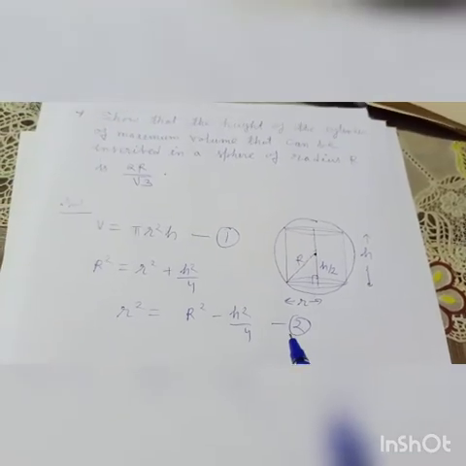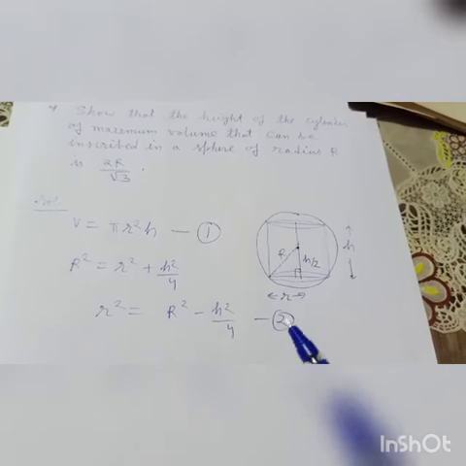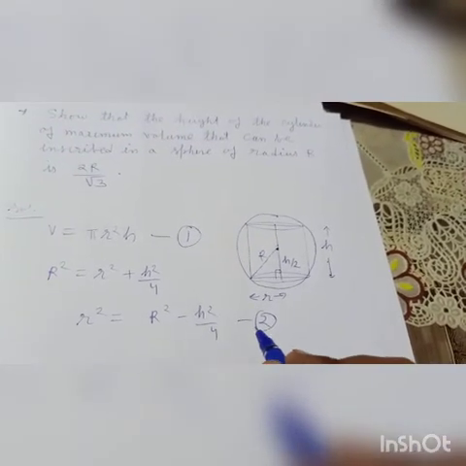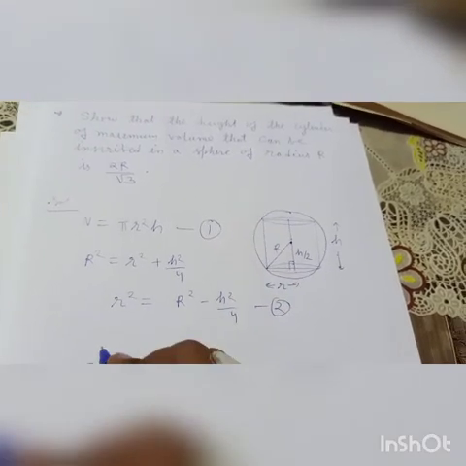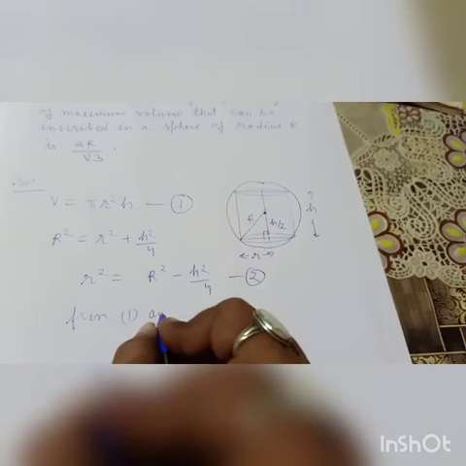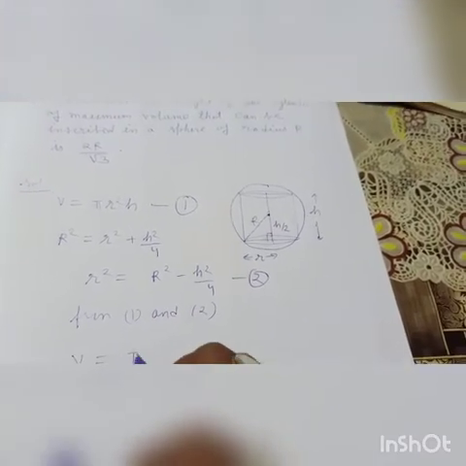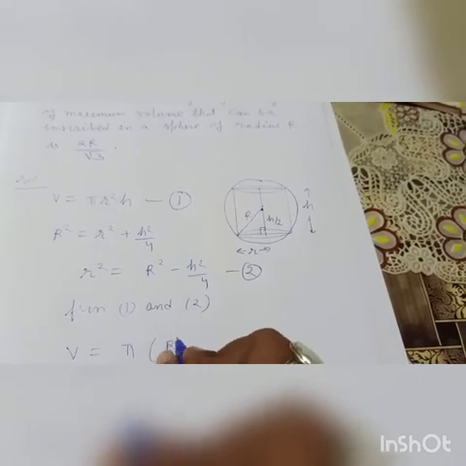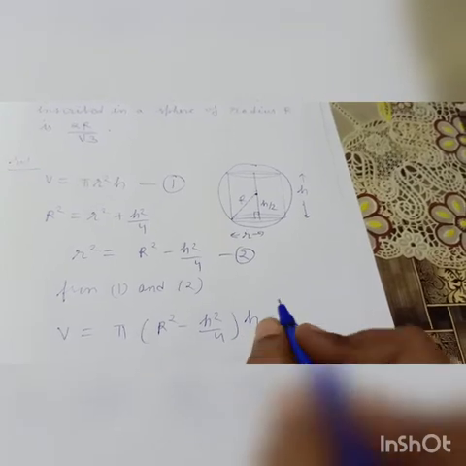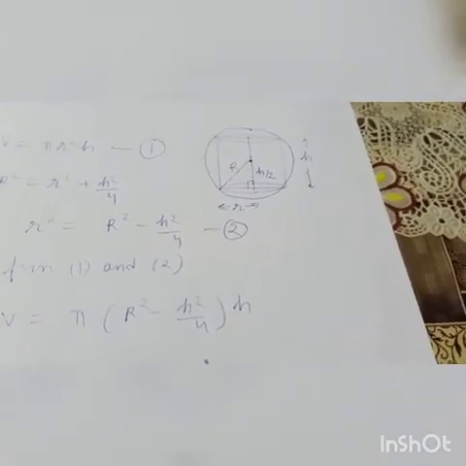If you put the value of r square in the first, then you will get the value of v in only one variable, that is h. So we will put the value of r square from 2 in 1. So from 1 and 2, we will get v equal to pi into capital R square minus h square by 4, into h. This is the value of v in terms of the single variable h.